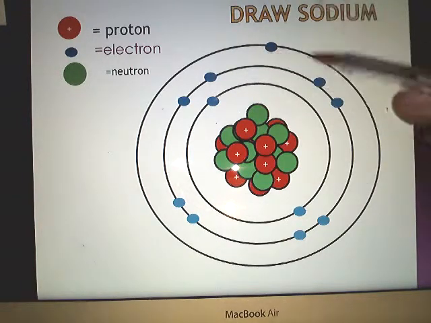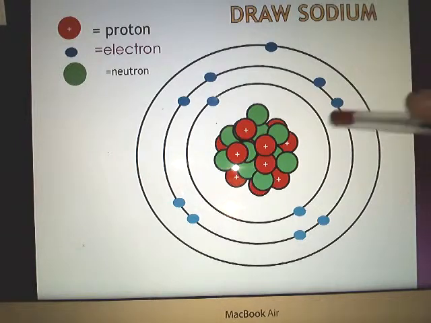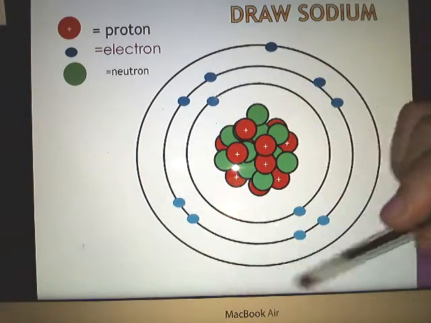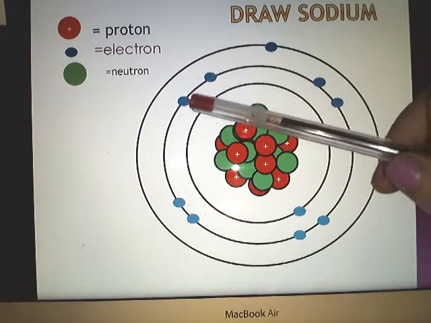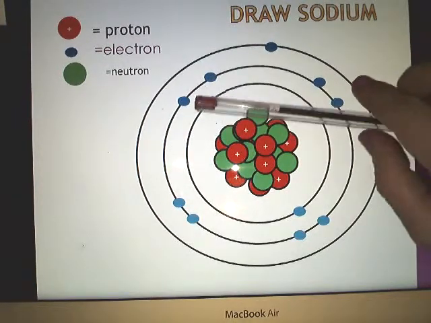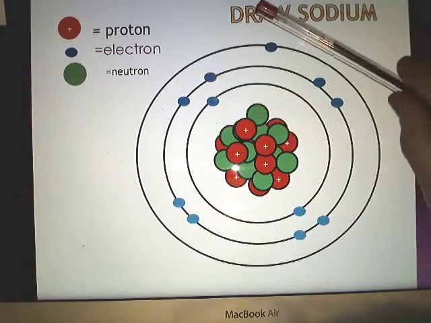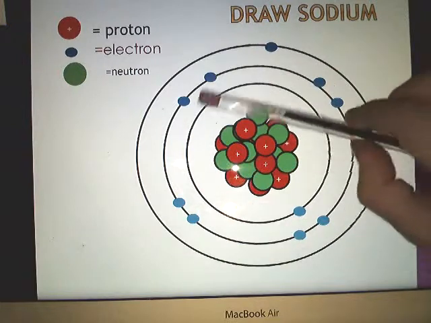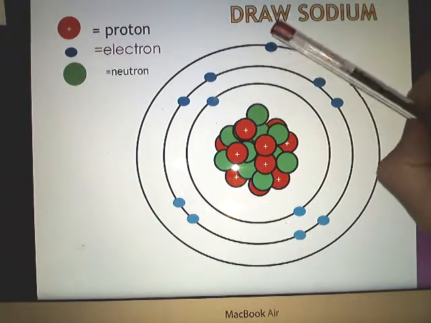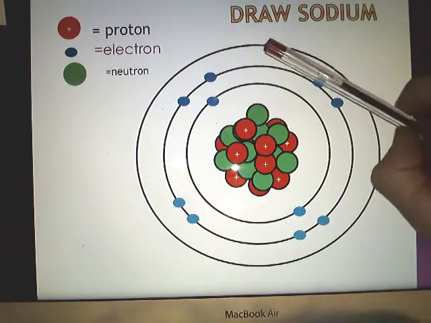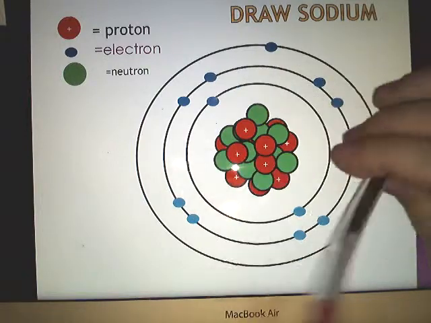Now if we have a look at this, we may ask the question, why does sodium actually want to form bonds? Why is it so reactive? And this should be the reason. It's got one electron in its outer shell. It is not stable like that. Okay. Now, this is the way we're going to do it. Sodium.